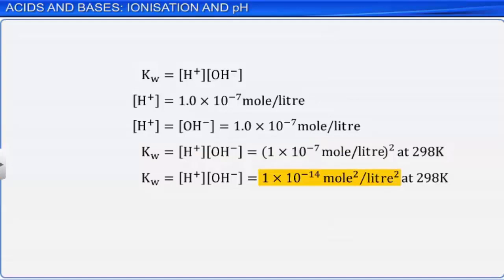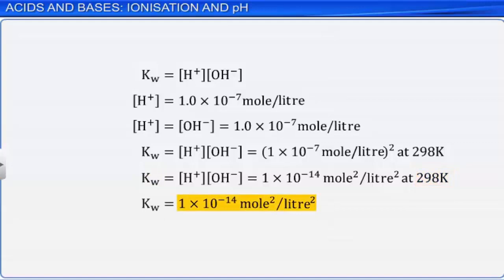This is equal to 1 × 10^-14. Hence, the value of the ionic product of water at 298 Kelvin is equal to 1 × 10^-14 mol² per liter². It must be remembered that Kw, being an equilibrium constant, depends on temperature.